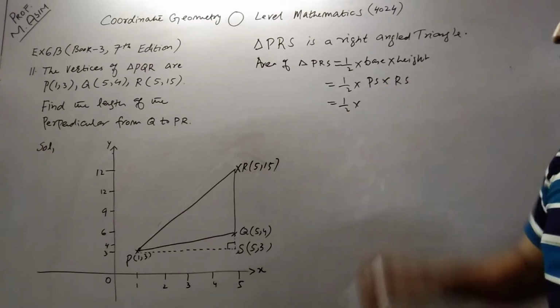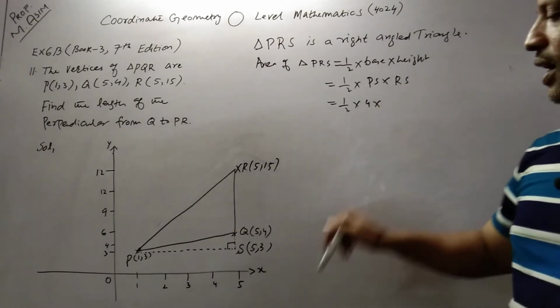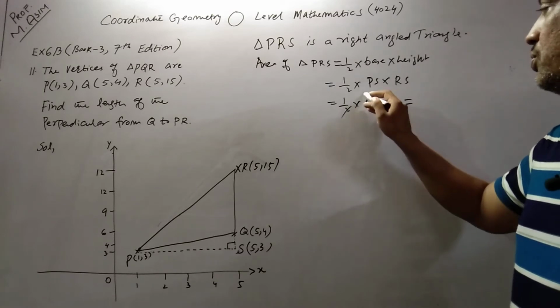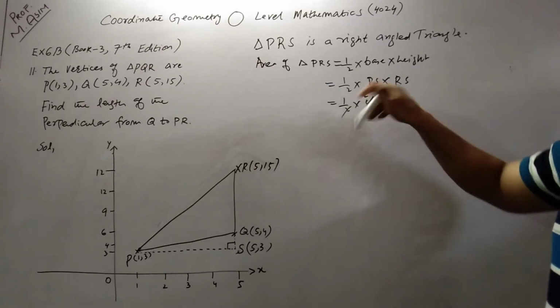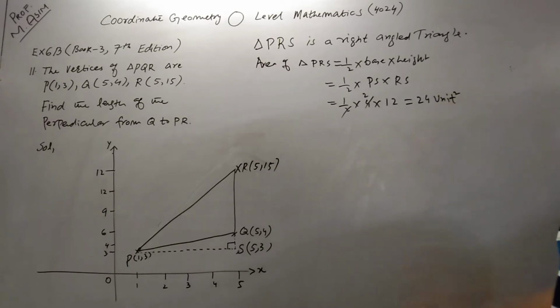So one half, base is 5 minus 1, 4, and RS is 15 minus 3, 12. So 2 twos are 4, and 12 multiplied by 2 is 24 square units.